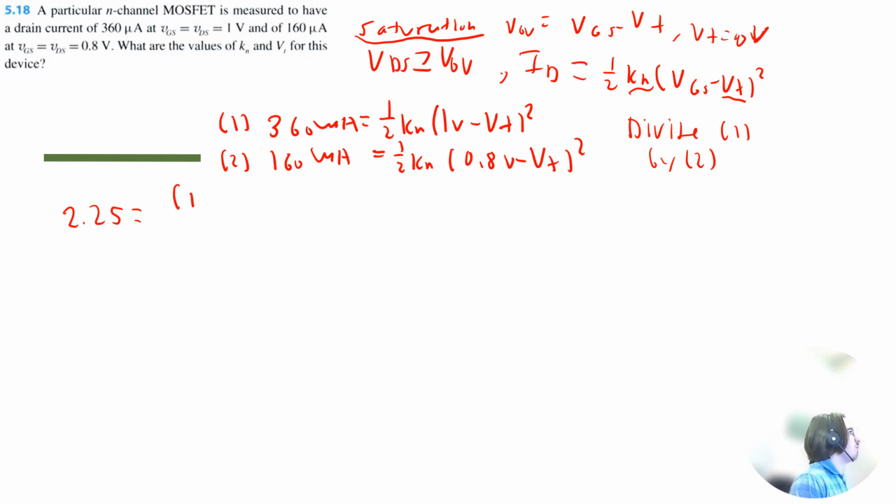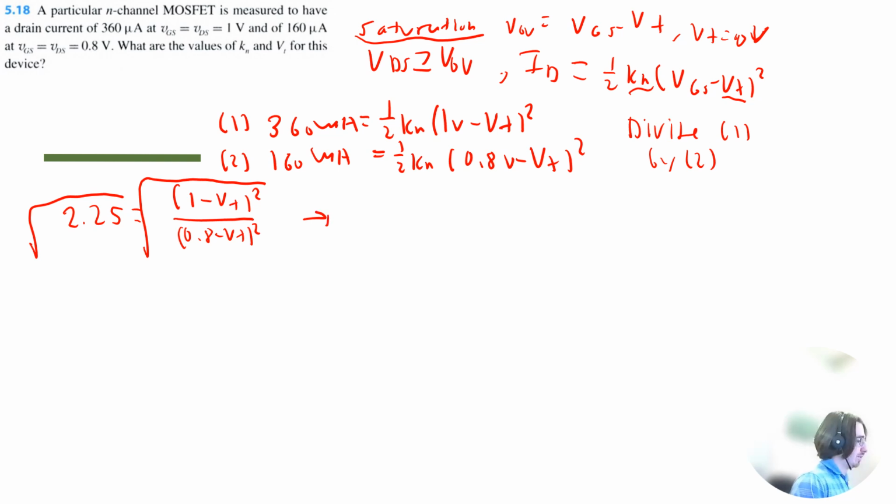So we're left with 1 minus Vt squared divided by 0.8 minus Vt squared. So I'm going to take the square root of both sides. The square root of 2.25 is 1.5. That's equal to 1 minus Vt divided by 0.8 minus Vt.